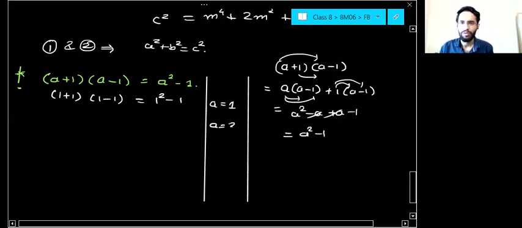If I take a equal to 2, this is 1 plus 1, 2, into 0 is equal to 1 square minus 1, that is 0.